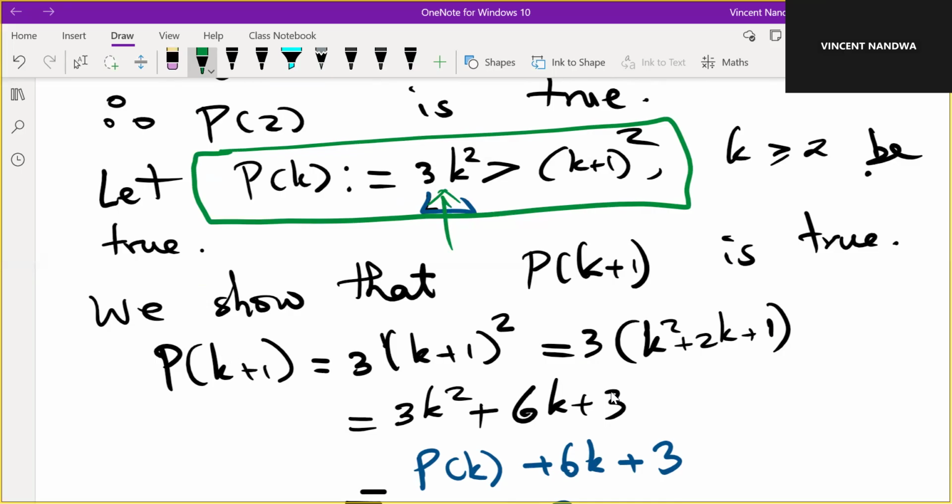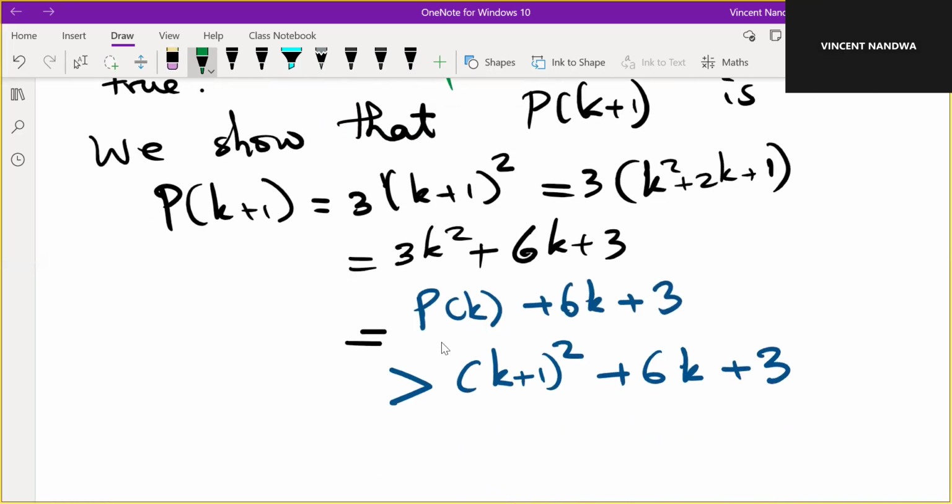Yeah, so that's why we are moving from this step to this step. But now here it changes from equality to inequality. So then now, can you tell me what is the value of (k plus 1) squared?